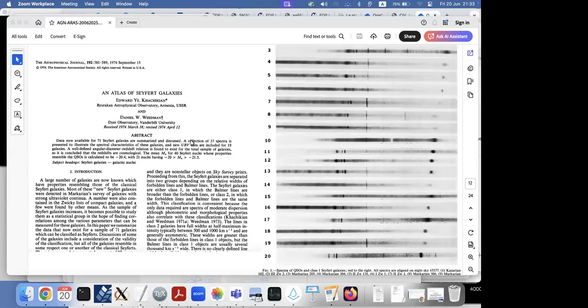Now, the narrow lines were all systematically present for all of the transitions, but the broad lines were found in this list only for the permitted transitions, which means recombination.